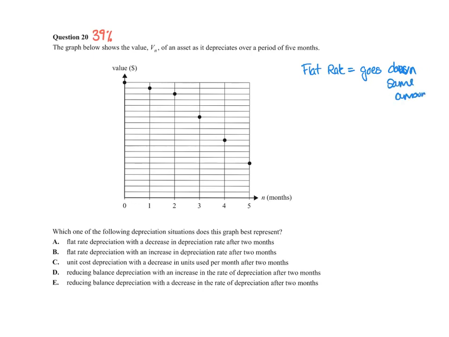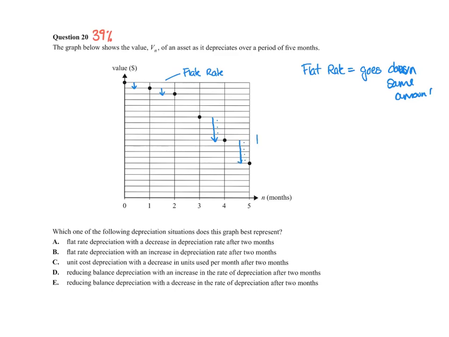Okay, if you have a look here, see how that goes down one box there, and so does that. So that essentially is flat rate here because it went down the same amount the 2 times. If you look here, it goes down 1, 2, 3, 4. And then if you look here too, it goes down 1, 2, 3, 4.